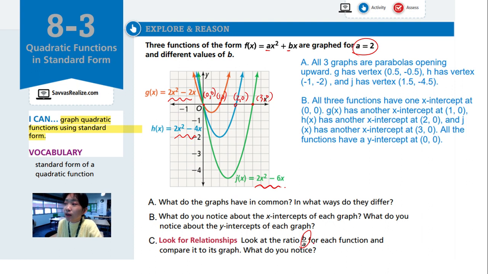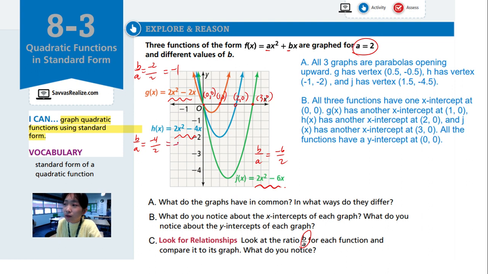If we figure out the ratios for each one, b over a for g is -2 over 2. B over a for h is -4 over 2. B over a for j is -6 over 2. If you simplify them, g has a b over a ratio of -1.